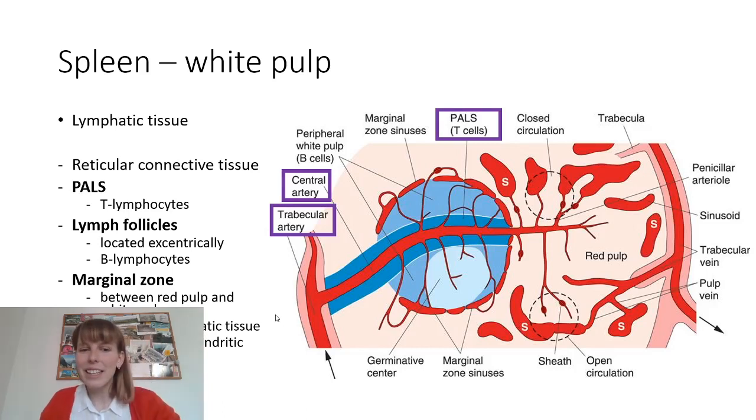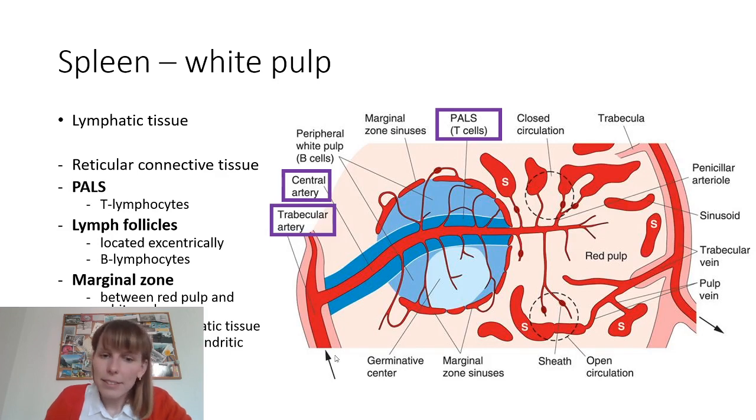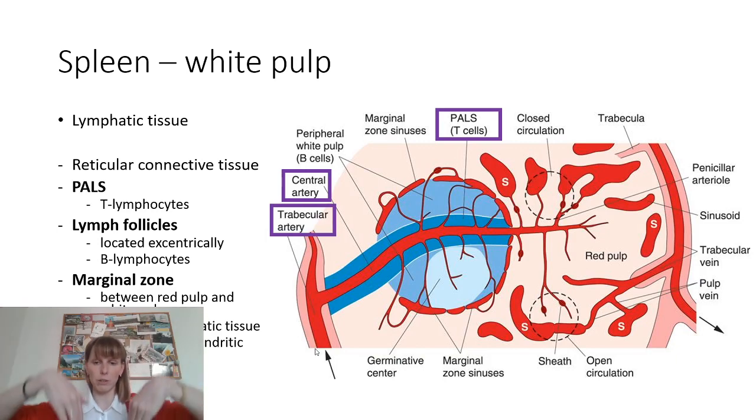So this is kind of complicated, but the blood will come in through the trabeculae. So again, from the capsule, it goes in. The capsule contains blood vessels, and they go in through the trabeculae. So the trabeculae are part of the capsule that are going in.